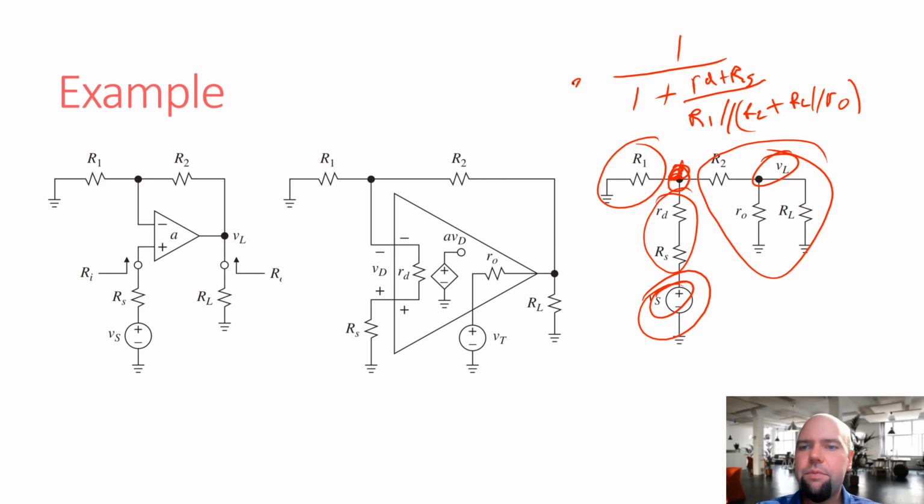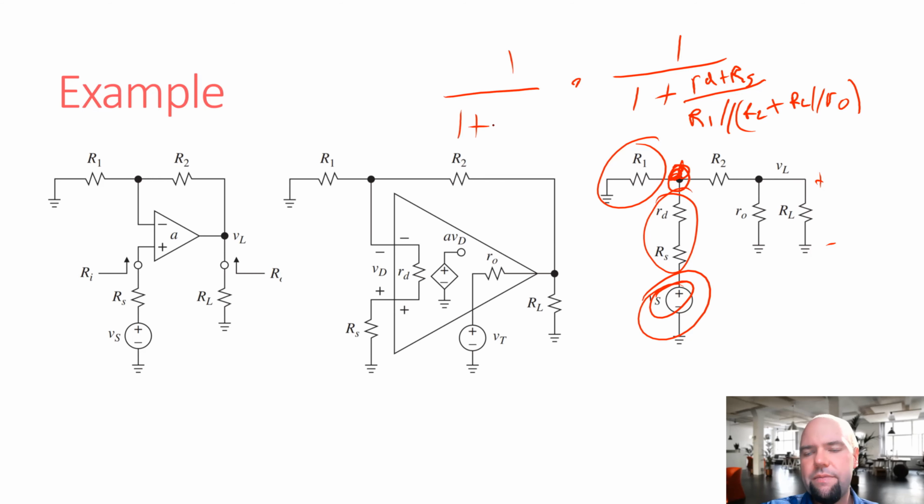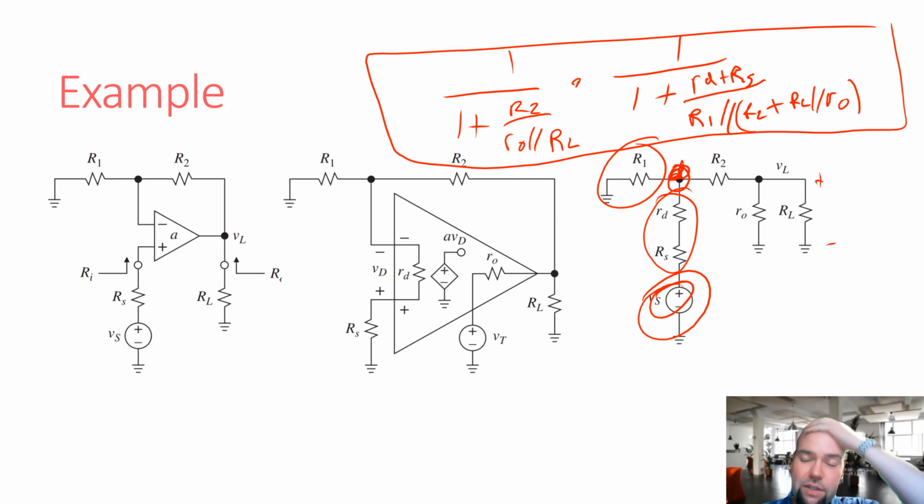Then we'd have to do that divider again to find VL here. So doing that divider again, this would be 1/1 plus R2 divided by... So this whole ugly thing, assuming I didn't flip those.